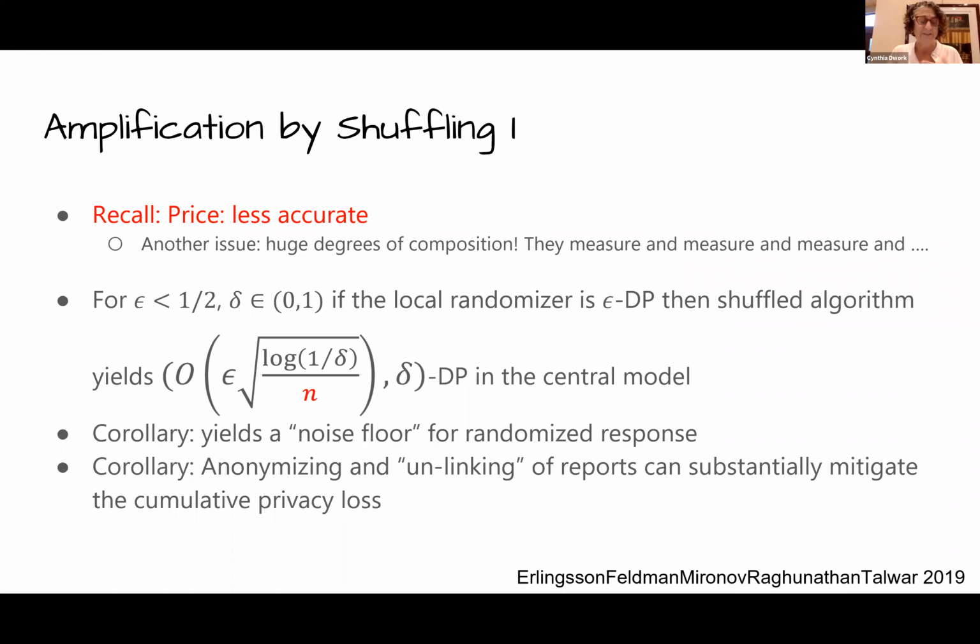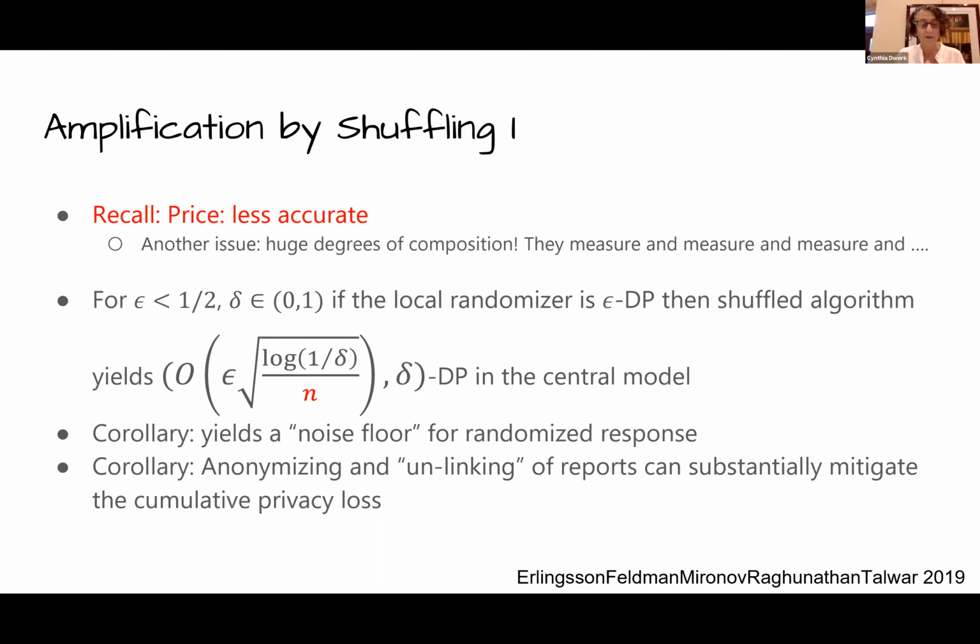So what this says is, when you give your data sometimes on the web, you're told your data are anonymized and aggregated. If the anonymization is real, and your multiple messages cannot be linked to one another, so they're really anonymized and really unlinked, and whoever observes these things only observes the aggregation, the outcome of the computation, this will substantially mitigate the cumulative privacy loss.